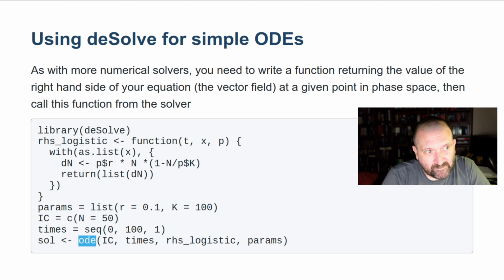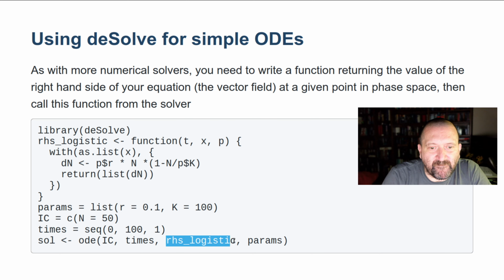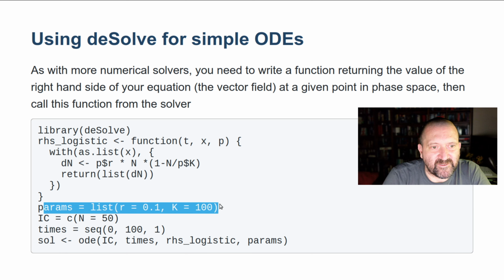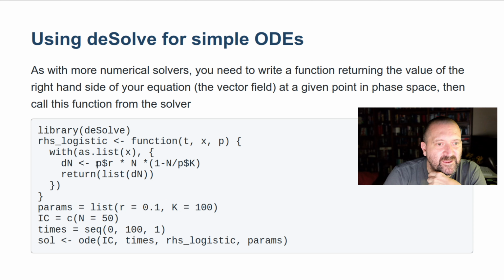By default, that's not changing anything, okay? ode with the initial conditions, the times, the function that defines the right-hand side of your differential equation, and whatever parameters you are listing. Let me point out that I've passed P as a parameter list, and that I'm using $r to access this, and $k to access this.